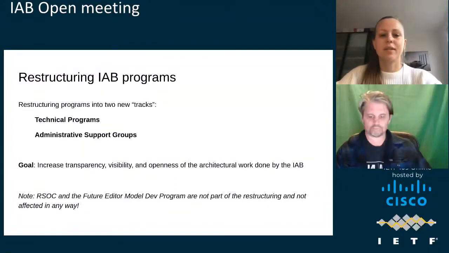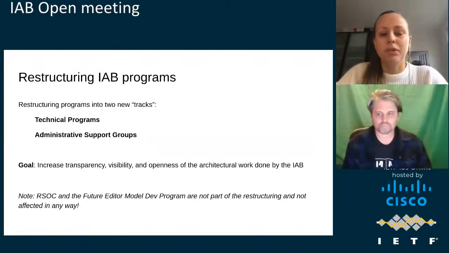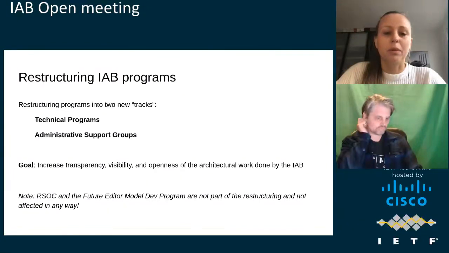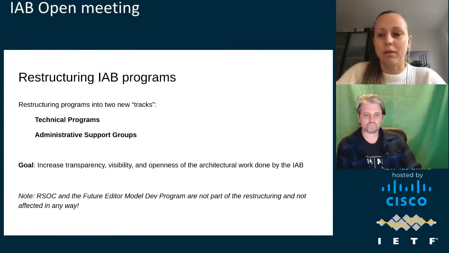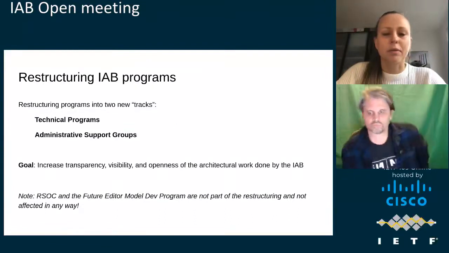Yeah, so one status update regarding programs. So the IAB has been talking for quite a while, actually, about how to better organize programs. And we've been very active on that and have had some discussion about that lately. And at the end, we came up with a proposal where we figured out that we have actually two very different kinds of things that we call programs currently, which somehow also need different management and different treatments.